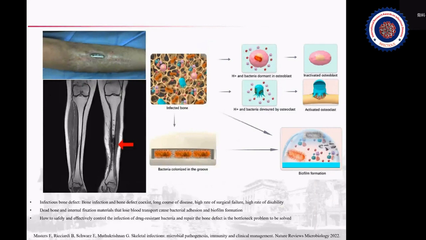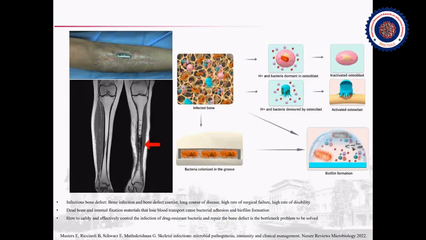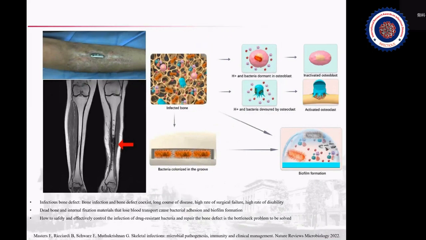The spread of infection and necrotic tissue, as well as the lack of local bone-inducing factors, may also delay the repair of bone defects, leading to poor therapeutic effect. How to safely and effectively control the infection of drug-resistant bacteria and repair the bone defect is a bottleneck problem to be solved at present, but also an important research difficulty.